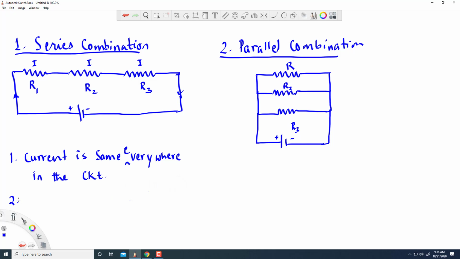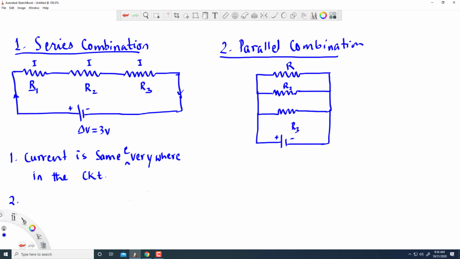Whereas the potential difference that you apply, the potential difference of the battery, let us say it is 3 volts, would be divided among the resistors. Part of this 3 volts goes to this one, part to this one, and part to that one. It may not be exactly 1, but I can say 1 goes here, 1 here, and 1 here, so you have 1 plus 1 plus 1 is 3.